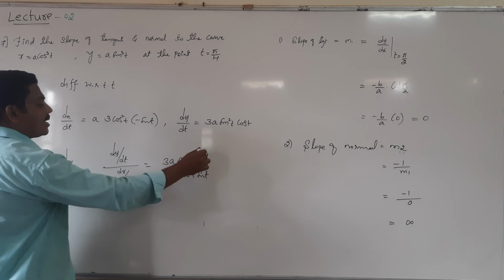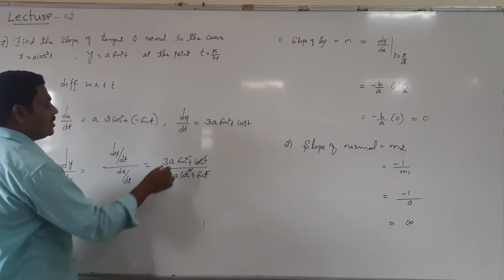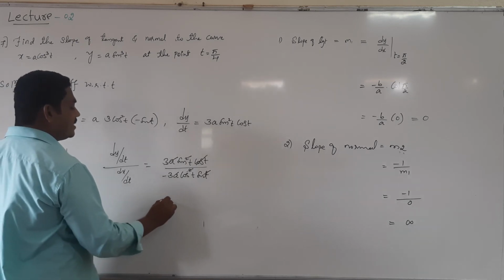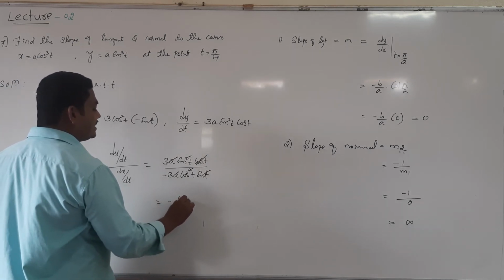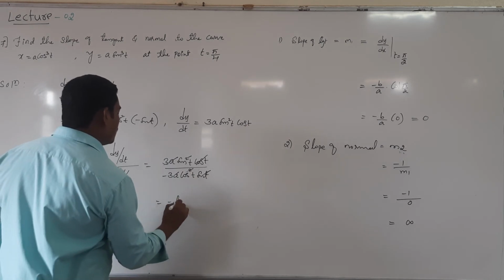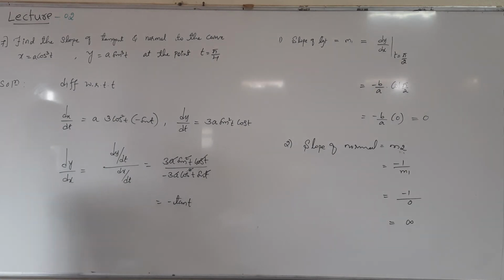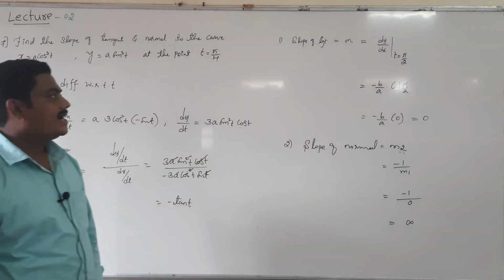Now one of the cos term will get cancelled and one of the sin term will get cancelled. 3a gets cancelled. We get minus tan t. This is our dy by dx.